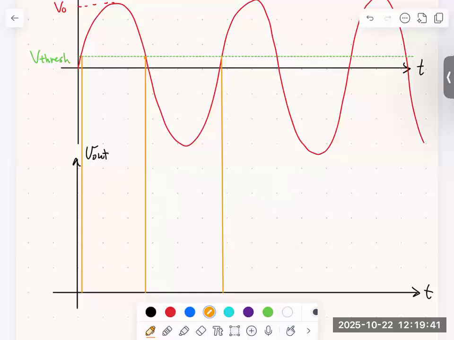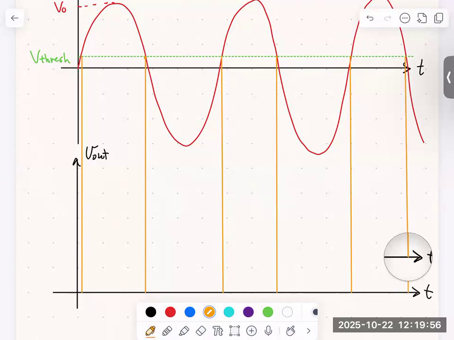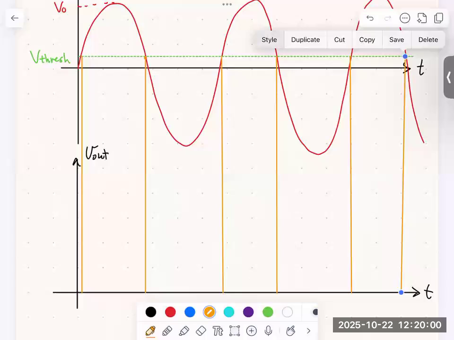So it's going to be something like this. Yeah, approximately like that. Okay, make these dotted.